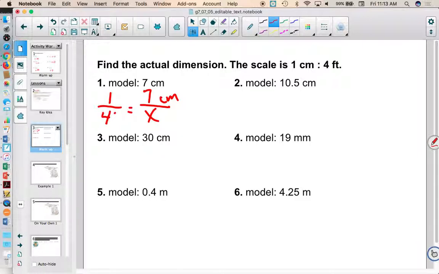And can I solve for the x? Yes. What's it going to be, Savannah? So 7 centimeters equals 28 feet in real life. Okay? That's pretty simple stuff.